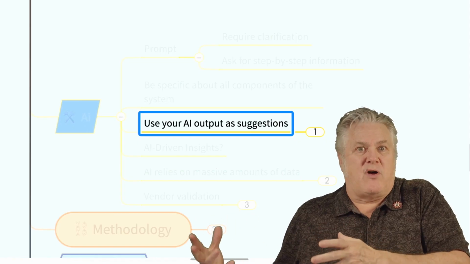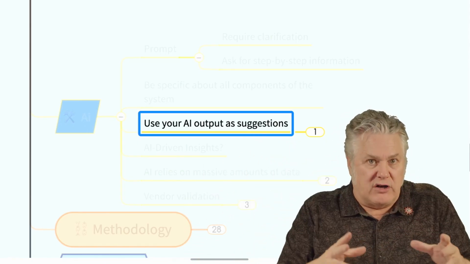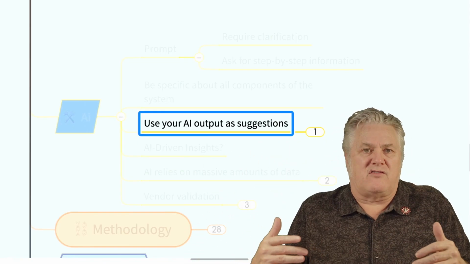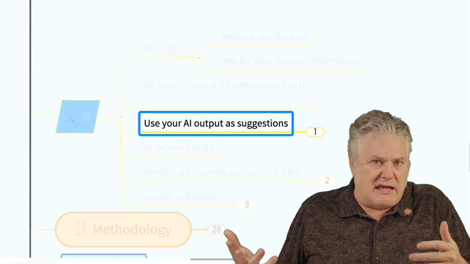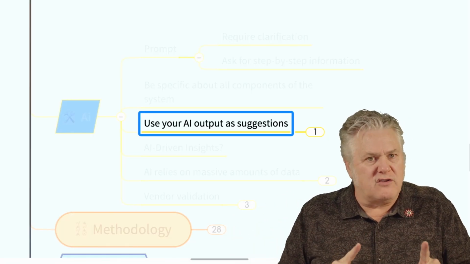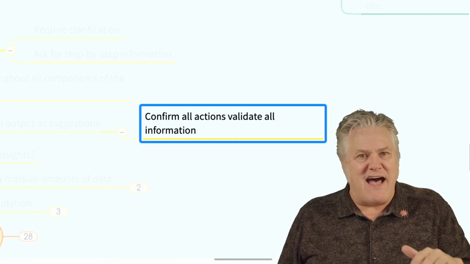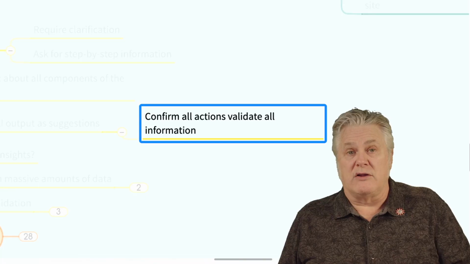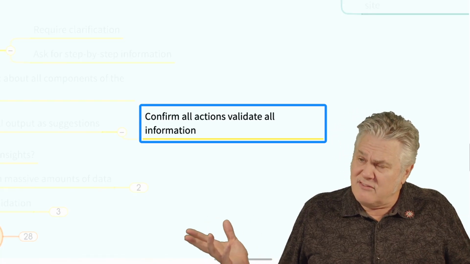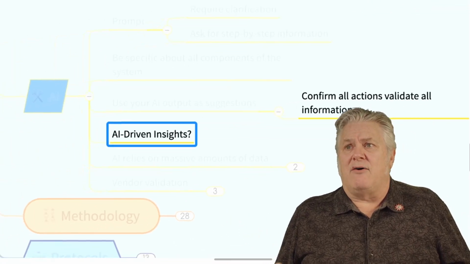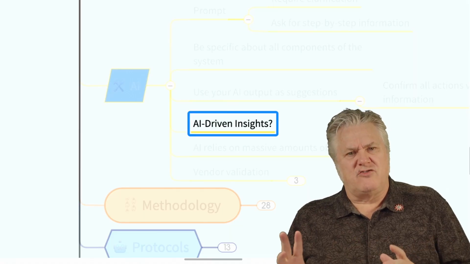You can take that process, by the way, if it's digital, and you can load it into the AI and say, this is my process, where am I going wrong? And it may give you information back, but only use it as a set of suggestions. You want to confirm all these actions and validate all of this information as you're going along, because hallucinations may happen.